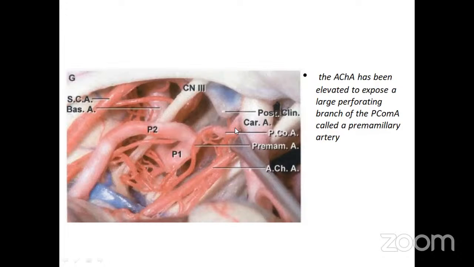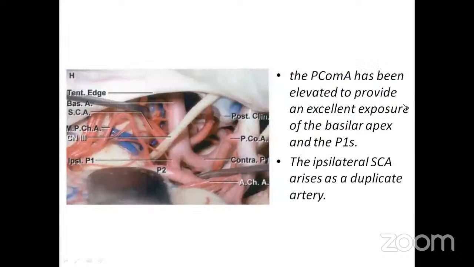The posterior communicating artery originates from the communicating segment of the supraclinoid portion of the ICA. In this diagram, the posterior communicating artery along with the anterior choroidal artery is elevated. So then we can see the posterior communicating artery is elevated.